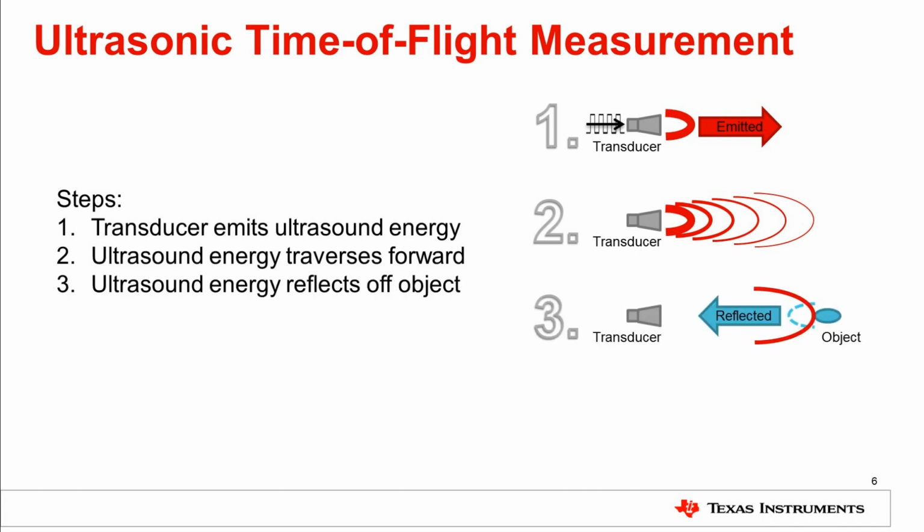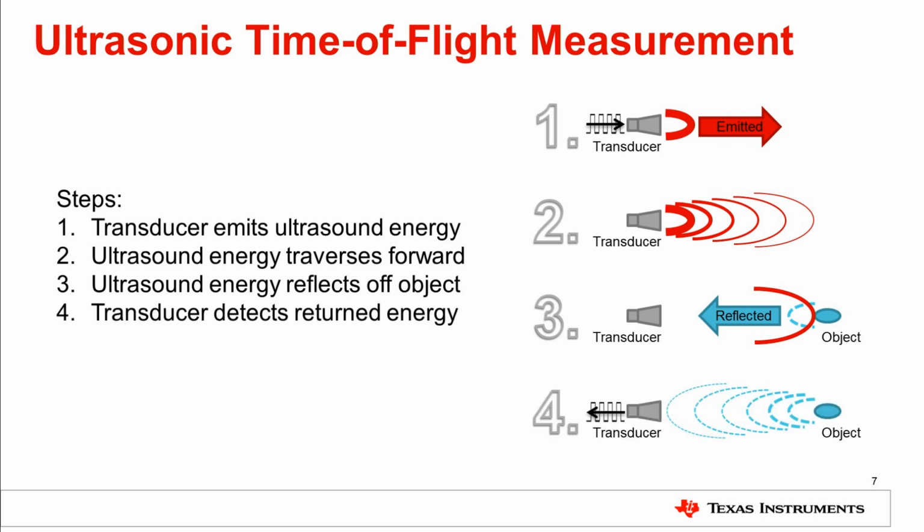Third, the ultrasound energy is reflected off the object and traverses back in a direction towards the sensor. Fourth, once the ultrasound energy reaches the sensor, the sensor converts the received mechanical vibrations back into an electrical signal for amplification and post-processing by integrated circuitry to calculate the time of flight.